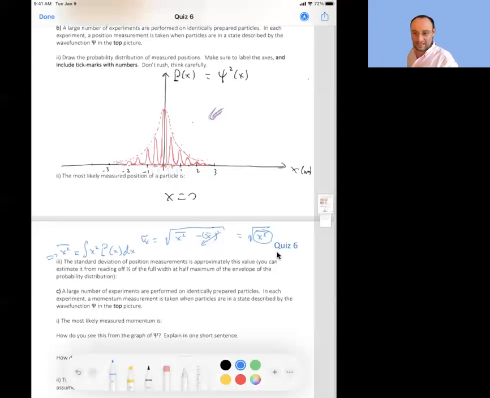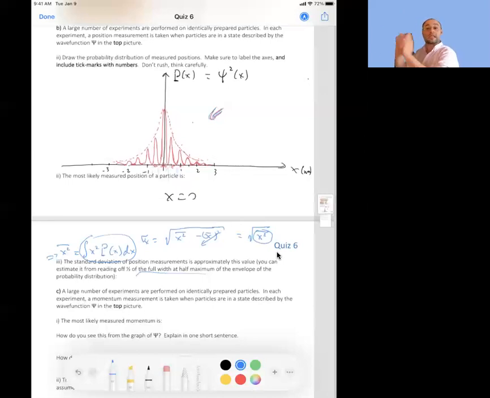And if this function is Gaussian, we know that half width at half maximum is very close to the standard deviation. So in this suggestion, it's implied that A, you can ignore the wiggles and compute this integral by approximating the function by just its envelope.